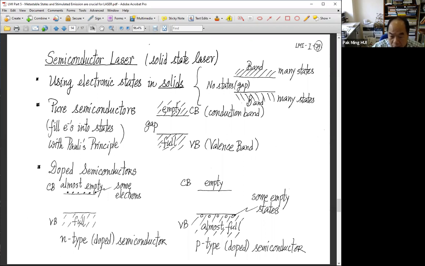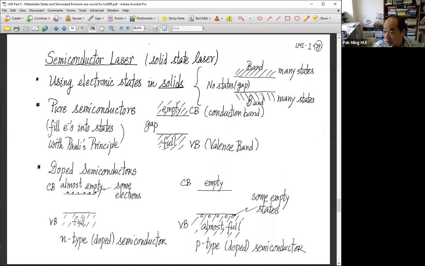In a semiconductor, the basic idea is that we have a group, not only discrete states, because we have many atoms together. Then we have a group of states for electrons. Then we have a region called band gap in which there's no state at all. And then we have another region with many states. These are called bands. These are called band gap. This is electron states in a solid.